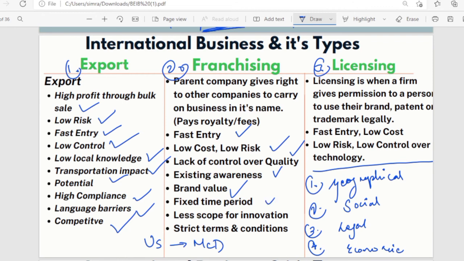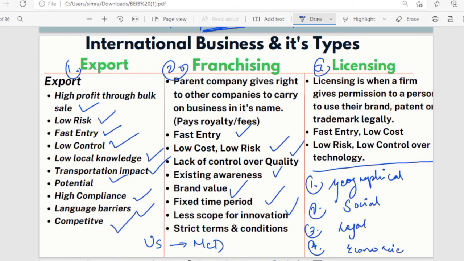Fixed time period. Yes, some franchises are for a fixed period only. If the contract expires, if the businessmen don't want to run it further, then yes, it can end also. Less scope for innovation, again, as they are producing in their country, same they are going to do it here. So you won't be able to do any sort of innovation.